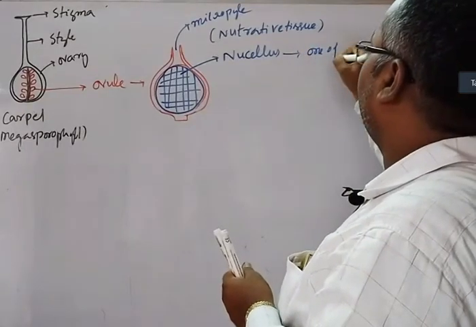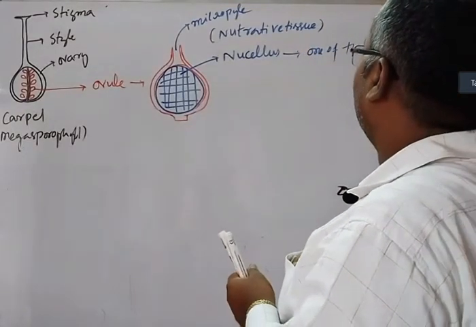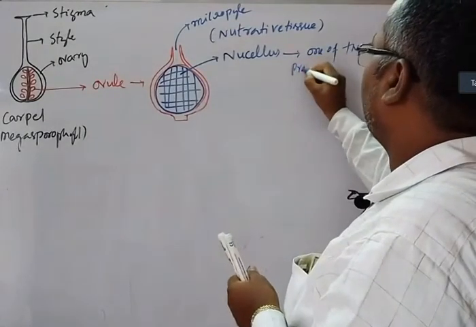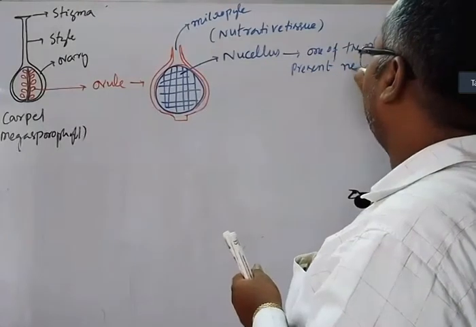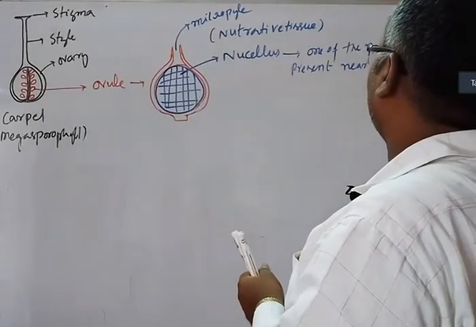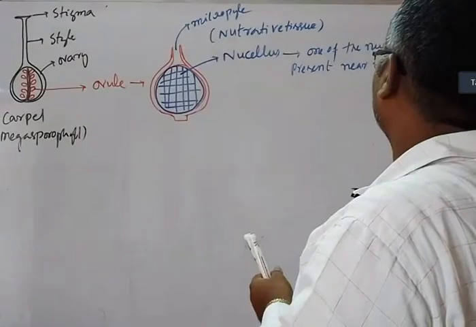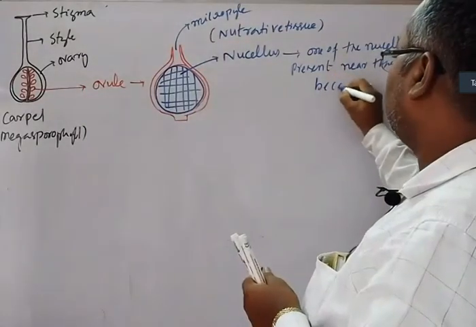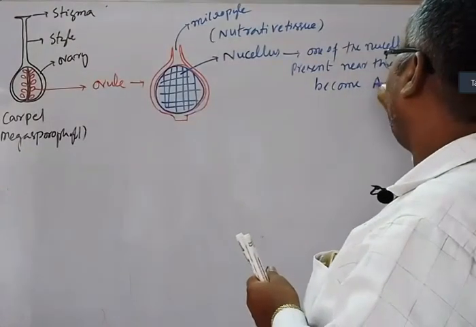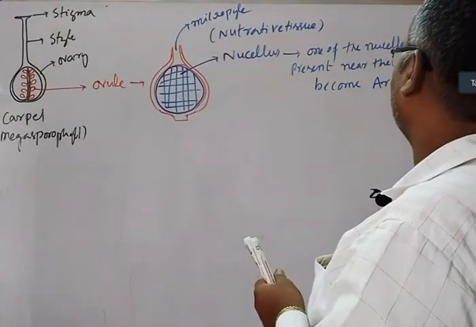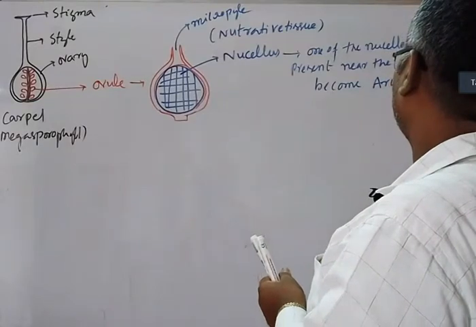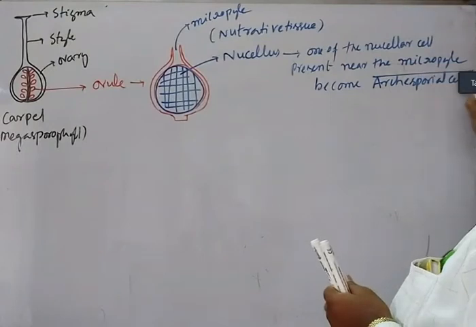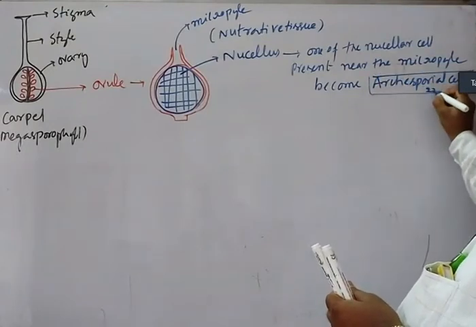One of the nucellar cells present near the micropyle becomes the archisporial cell. Archisporial cell is diploid.